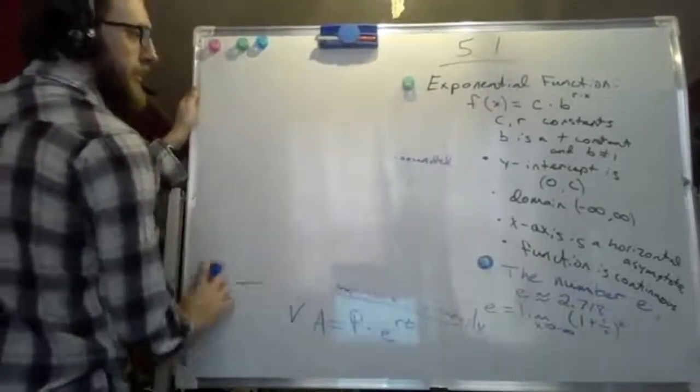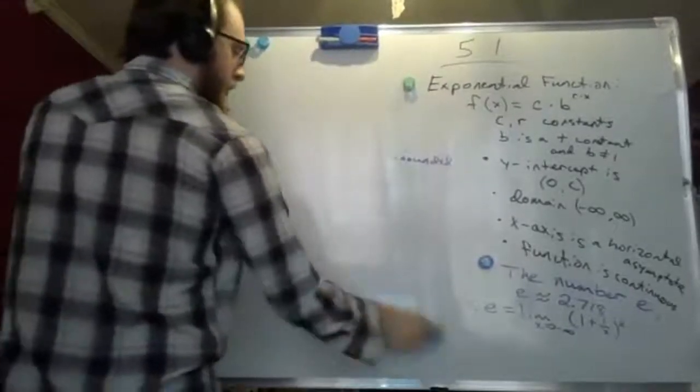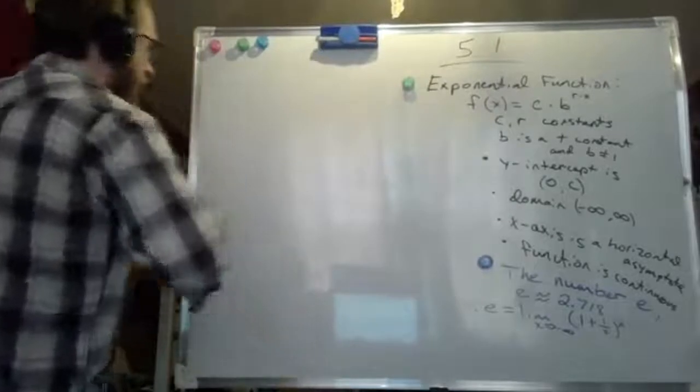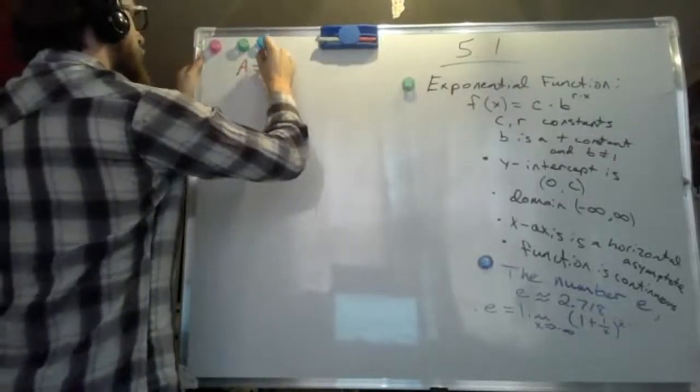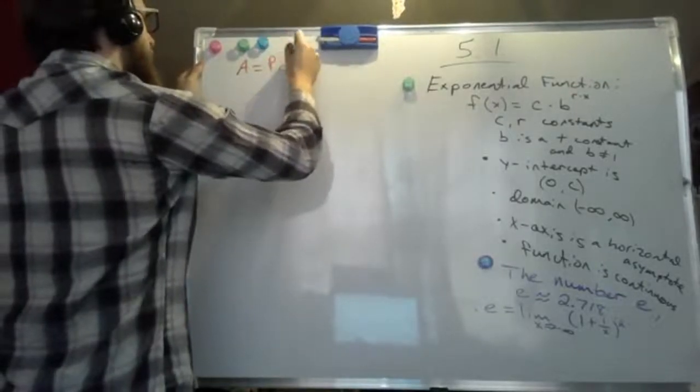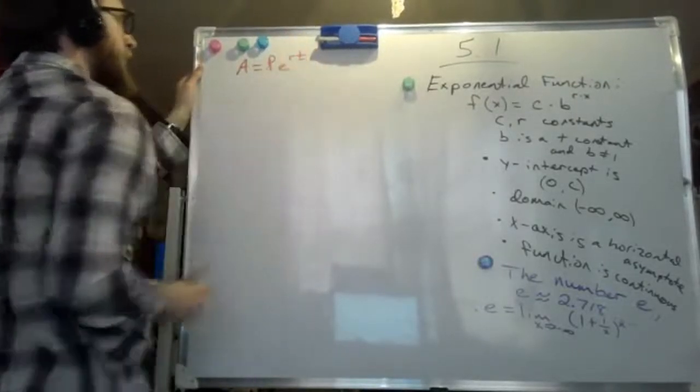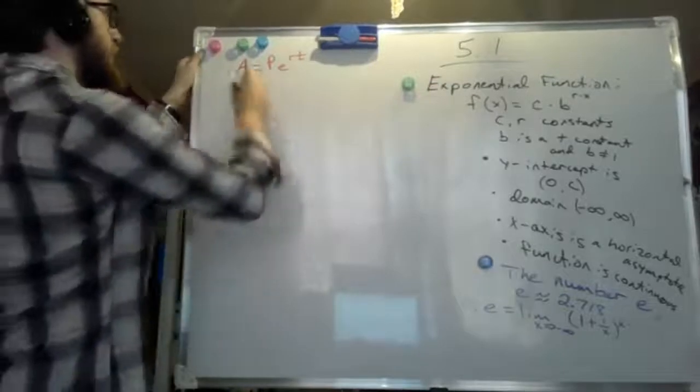So let's see, I think I'll leave up what we have to the right. And I'm also going to recopy our equations up above. So we have A is equal to P E to the RT power. That's for compounded continuously.